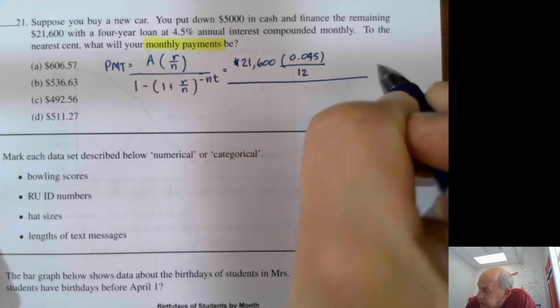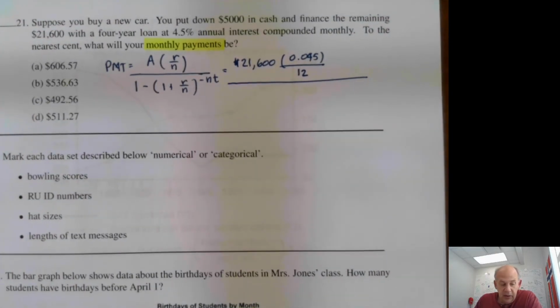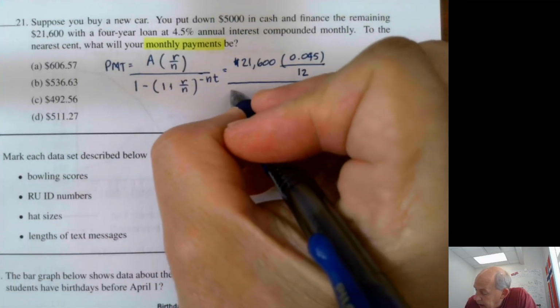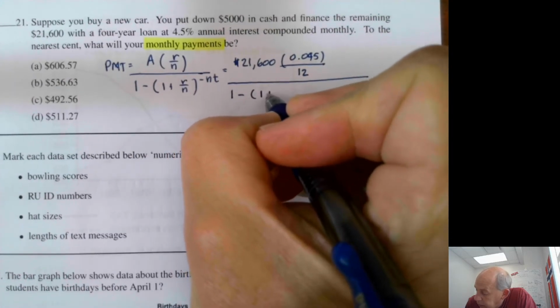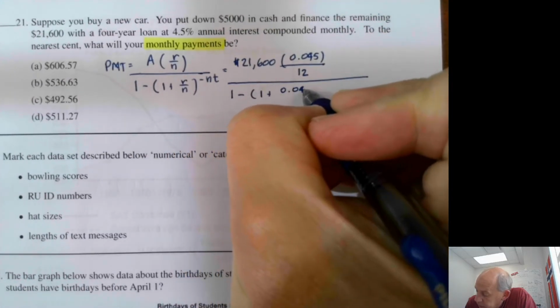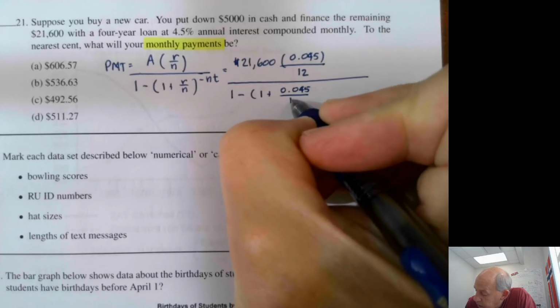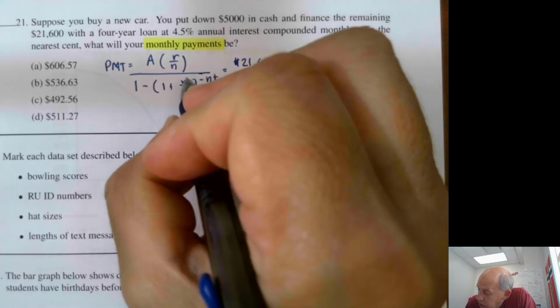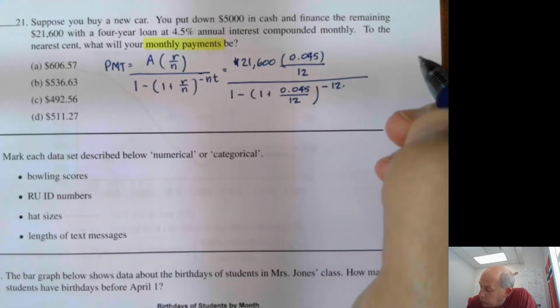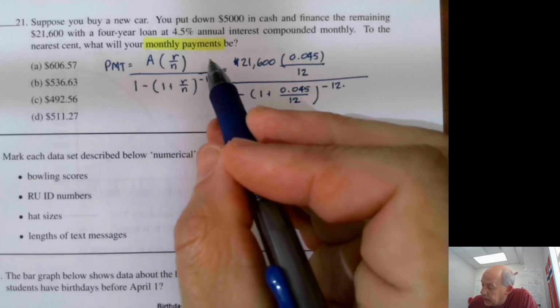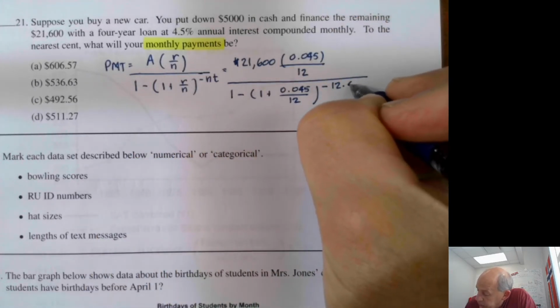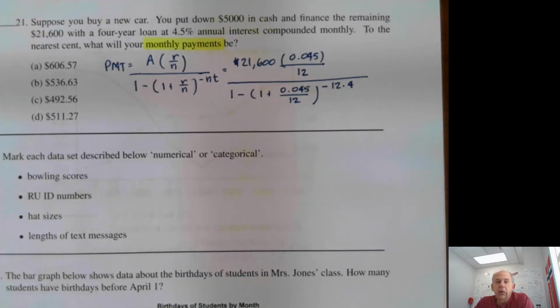My N is 12. Now from here, I have 1 minus 1 plus 0.045 over 12 raised to the negative 12. My N is always 12, and I have 4 years to pay off that loan.